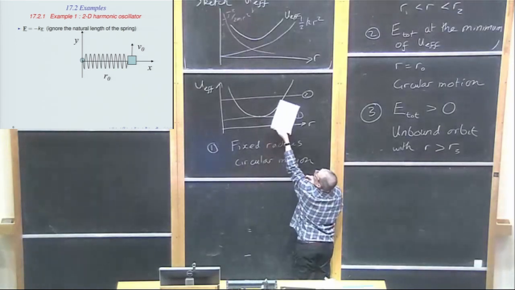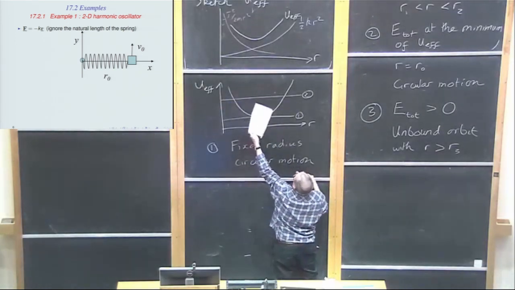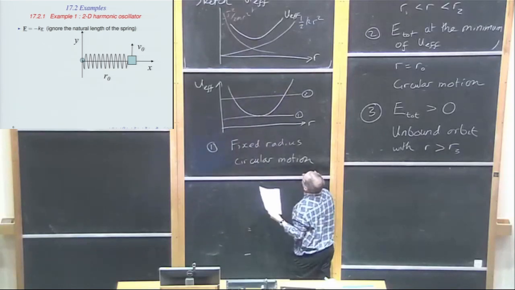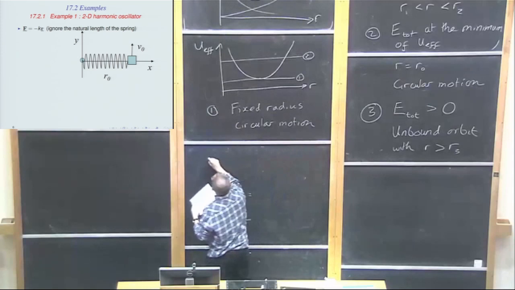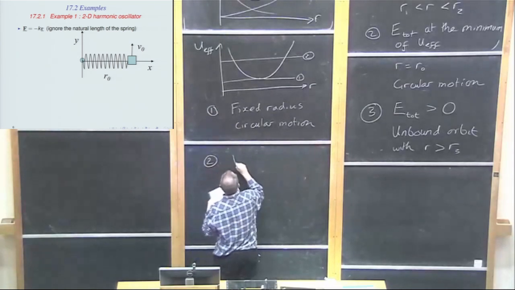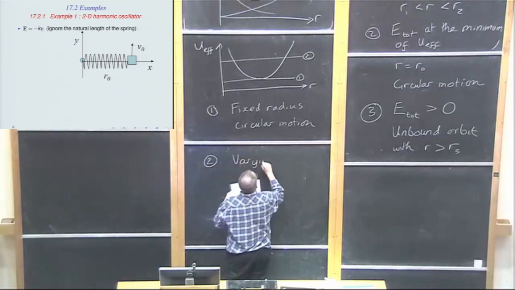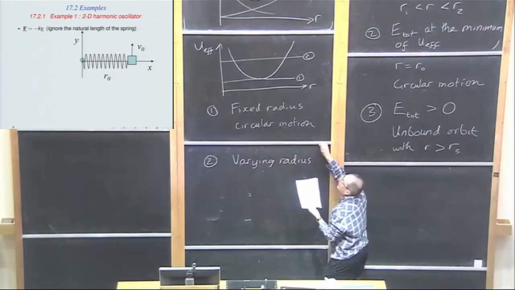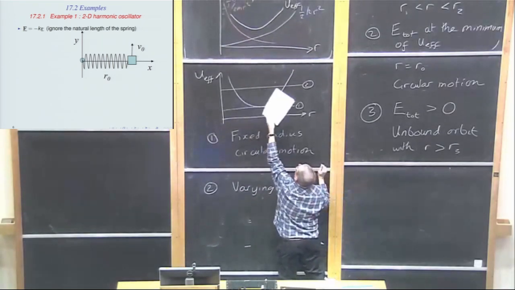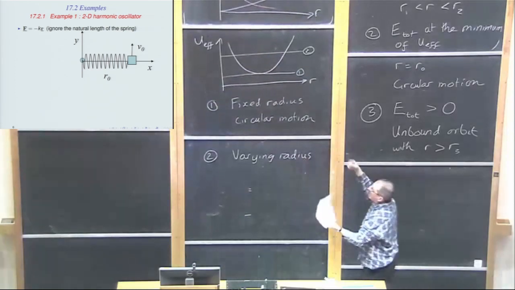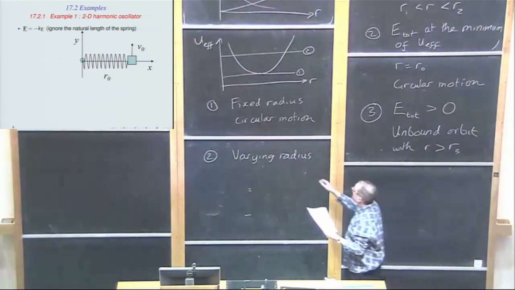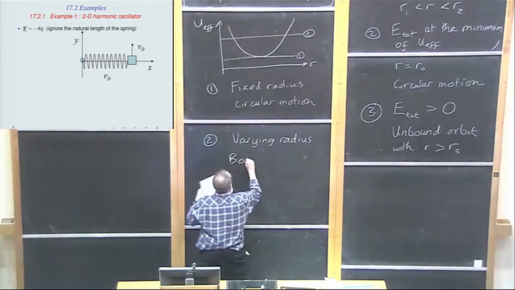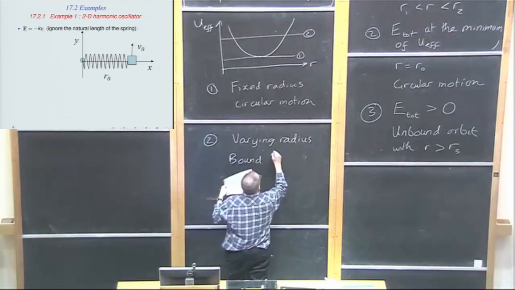In case 2, then you have once more a varying radius. But what is key is that it varies between here and here, so the motion is again bound. Okay, so again it's a bound orbit.